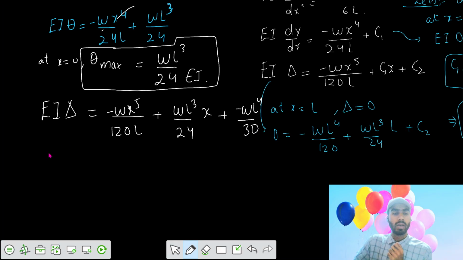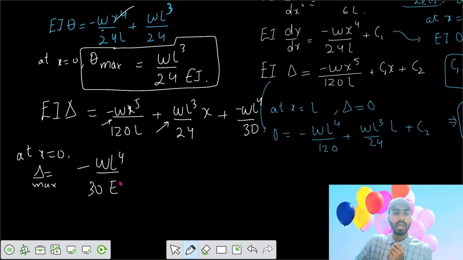So at x equals 0, the deflection is maximum, delta max. Delta max equals this value. The first term is 0 because the value of x is 0. Then we are left with minus WL to the power 4 by 30 EI.